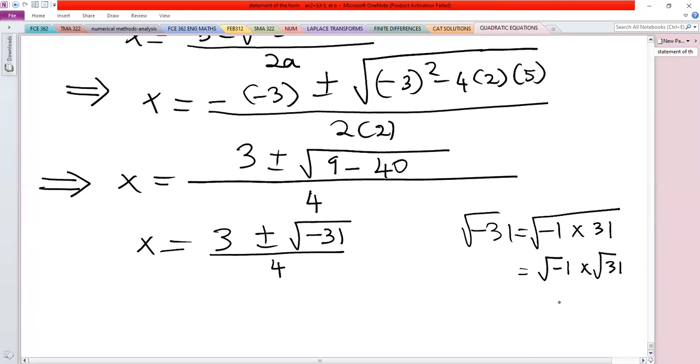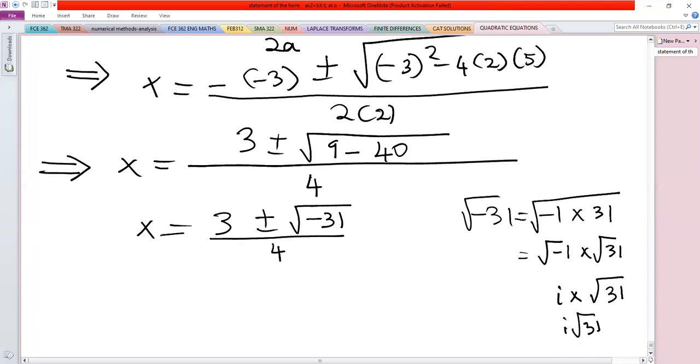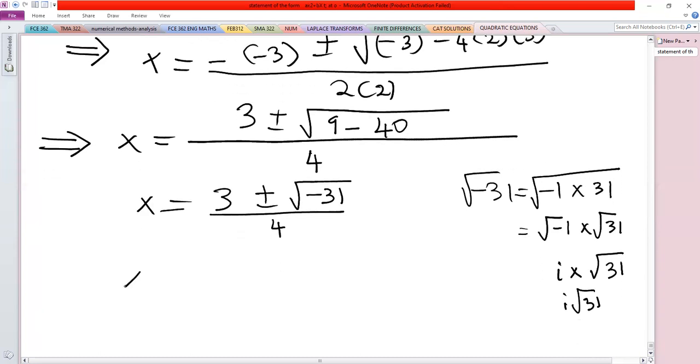But square root of negative 1 is i, so times square root of 31. So the answer will be i root 31, so this will be x equals 3 plus or minus root 31 i, divided by 4.